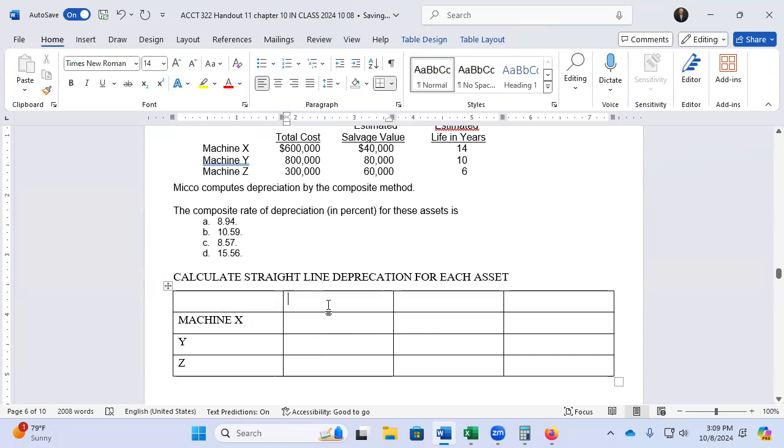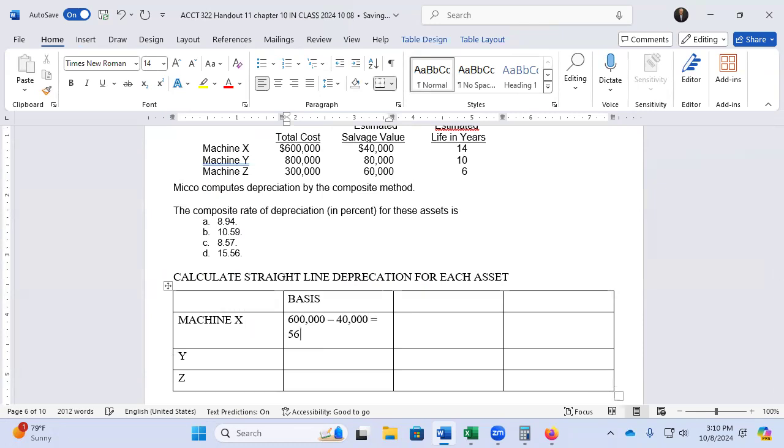Okay, so here what I want to do is calculate the basis. And so here we have 600,000 minus 40,000, which equals 560,000.